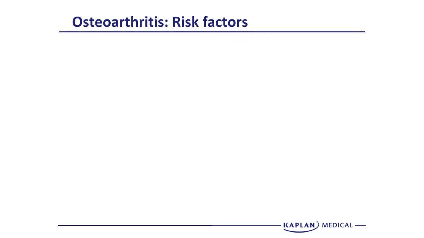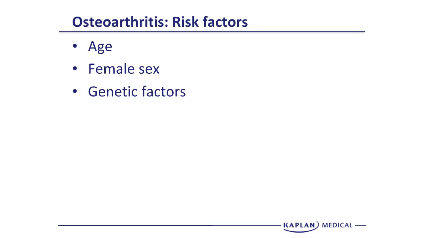So what are the most common risk factors for osteoarthritis? Well, age is the number one. If you happen to live a long life, you're probably going to start getting osteoarthritis by the time you're 50, 60, or 70. Female sex is much more prevalent for osteoarthritis than in men. Genetic factors can actually predispose to osteoarthritis.